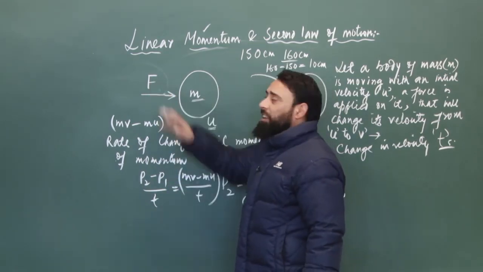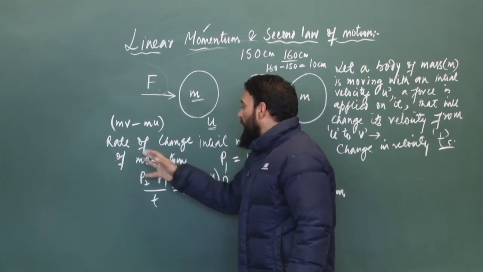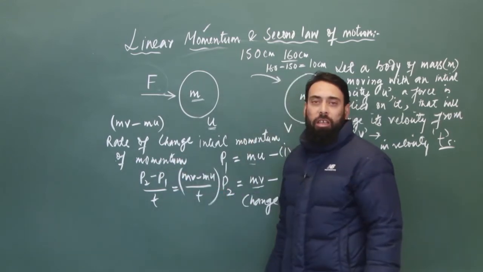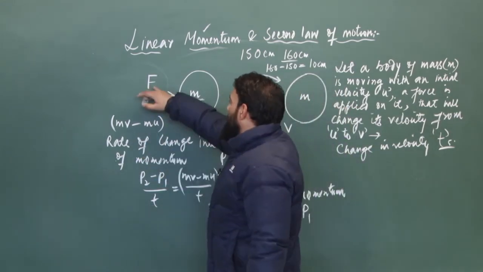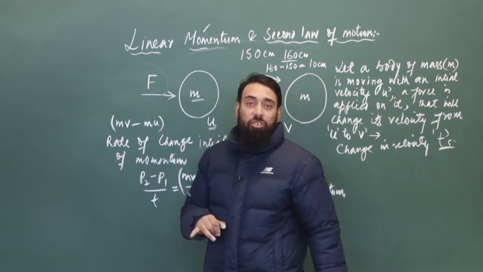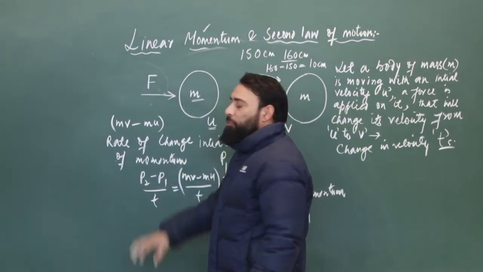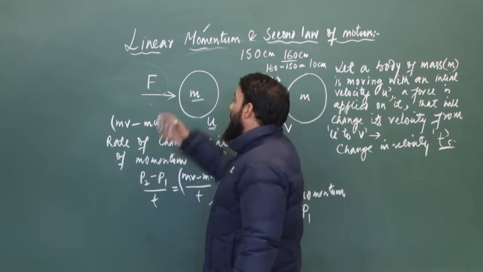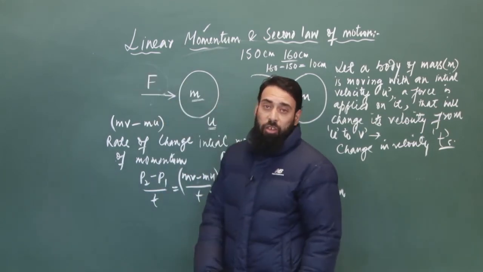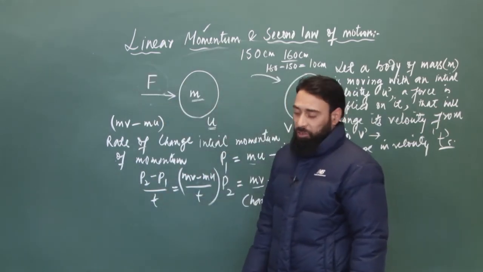If the force is greater, the rate at which the momentum of a body is changing is greater. So force is directly proportional to the rate of change of momentum. If force is increased, the rate of change of momentum also increases. If the force is decreased, the rate of change of momentum also decreases.